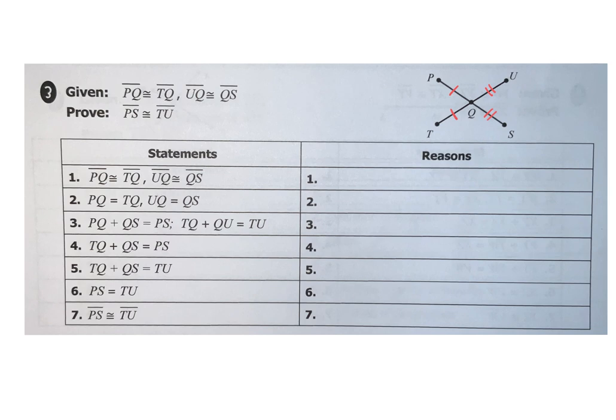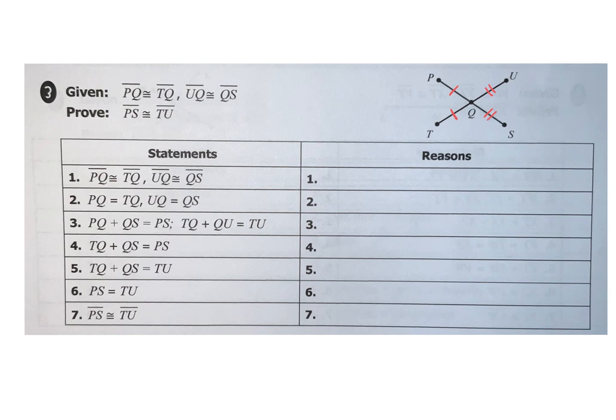All right, what they want us to prove is that the entire line segment is congruent to the other one. And so just thinking about, you have a piece and a piece congruent, a piece and a piece congruent. You know you can add the pieces because you want to get to the whole piece, right? And then maybe you can do some subtraction in there to get the pieces by itself that you want, or maybe some substitution or transitive property.